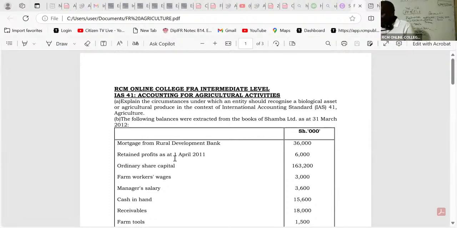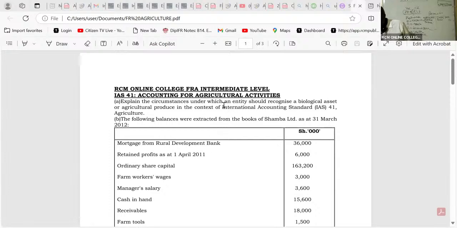So, ladies and gentlemen, the first question they have asked us to do is to explain the circumstances under which an entity should recognize a biological asset or agricultural produce in the context of IAS 41 agriculture.